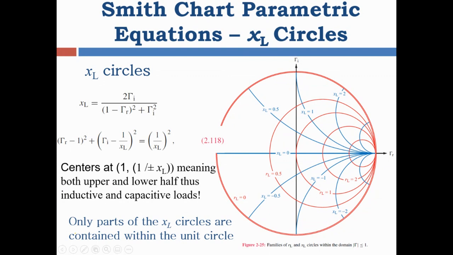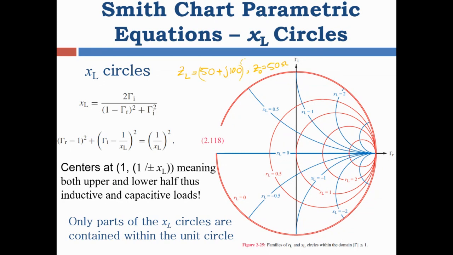So let's say we have a Z_L that is equal to 50 + j100, and Z_0 is equal to 50 ohms.